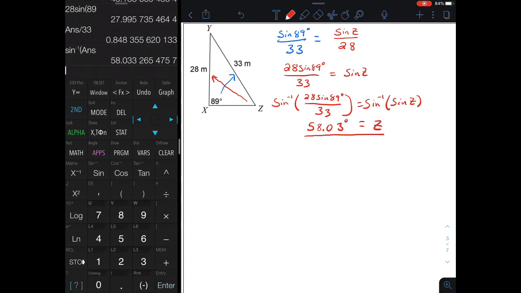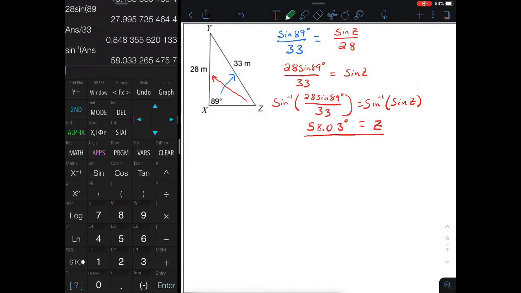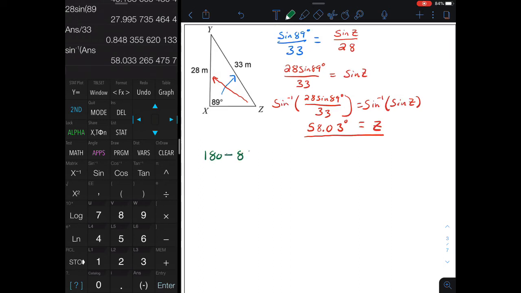Now let's go get the measure of angle Y. So I have 180 minus 89 minus what we got for Z, 58.03, is equal to Y. Now I have the 58.03 stored in my calculator, so I'm going to get a more accurate answer here by using the entire decimals on my calculator.